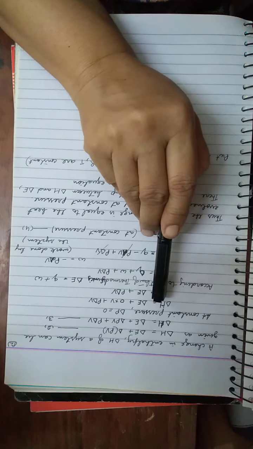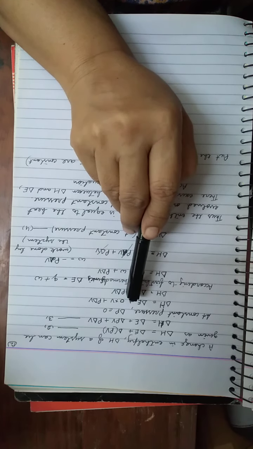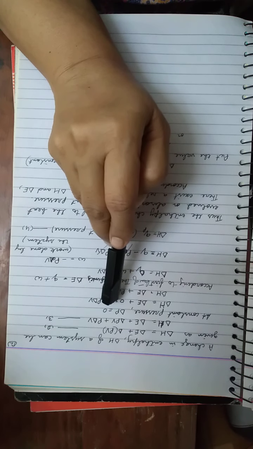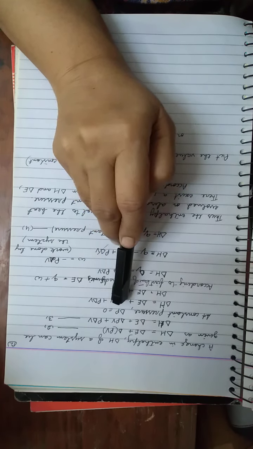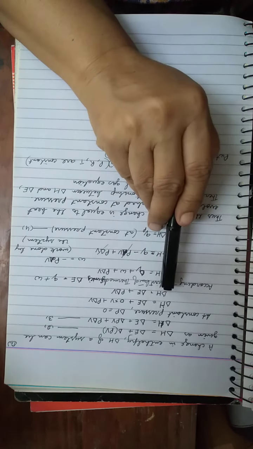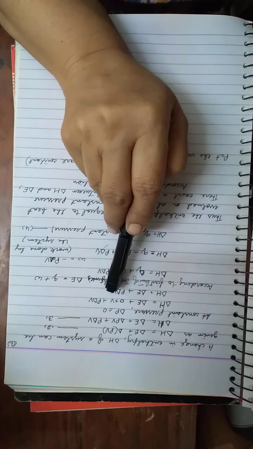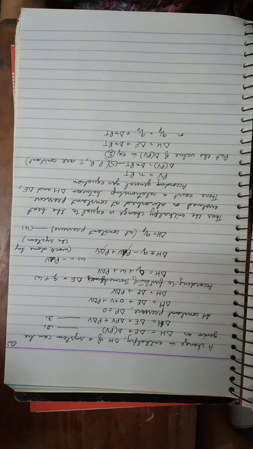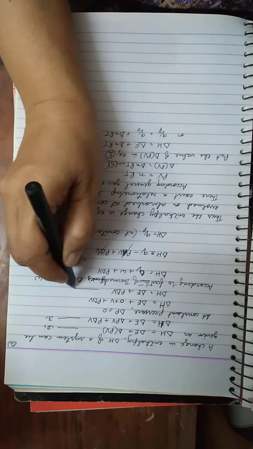So del H is equal to del E plus 0 into V, which becomes 0, plus P del V. Del H is equal to del E plus P del V. This is the equation of enthalpy change.